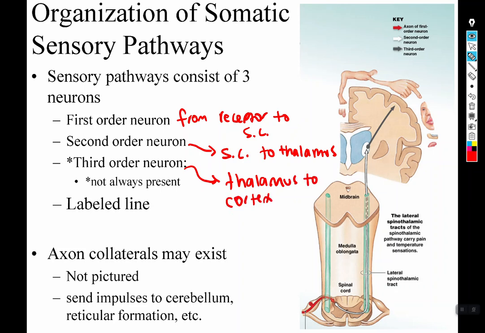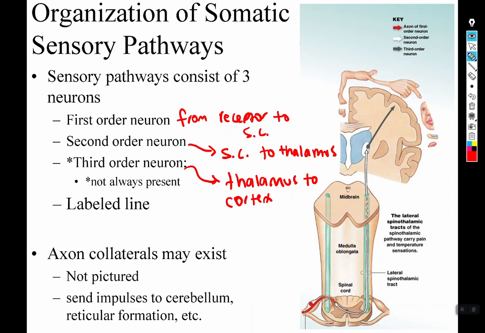So it's a game of neural telephone where the first order neuron tells the second order neuron, hey, sensation is happening. Also, it's touch. And the second order neuron carries that information to the thalamus, and then the thalamus integrates that and says, okay, so we're receiving this information from this labeled line that is touch specifically, and it's coming from hand.